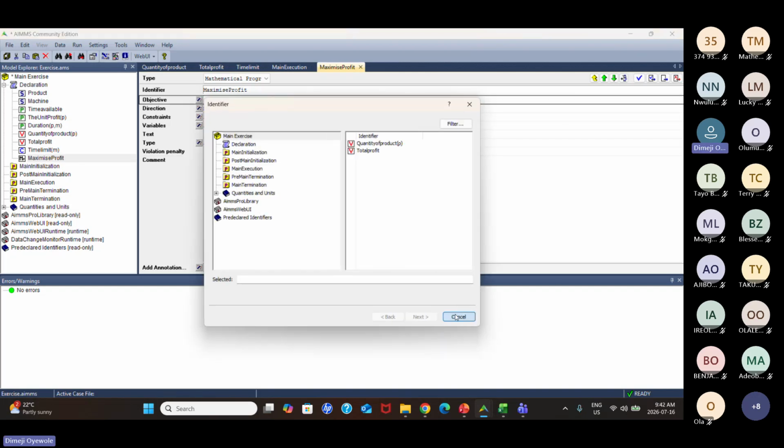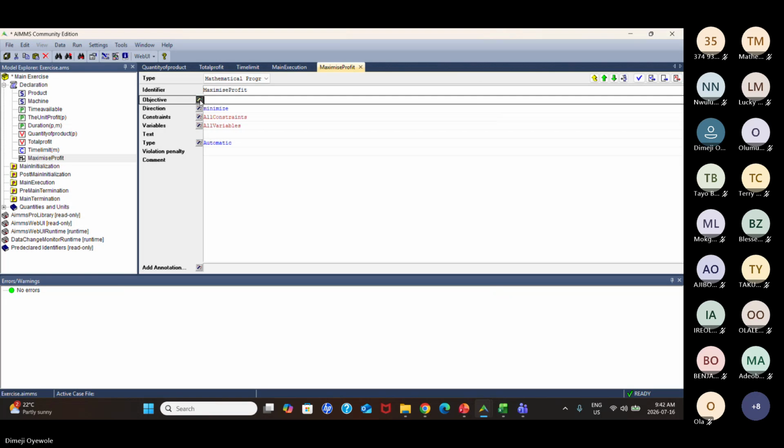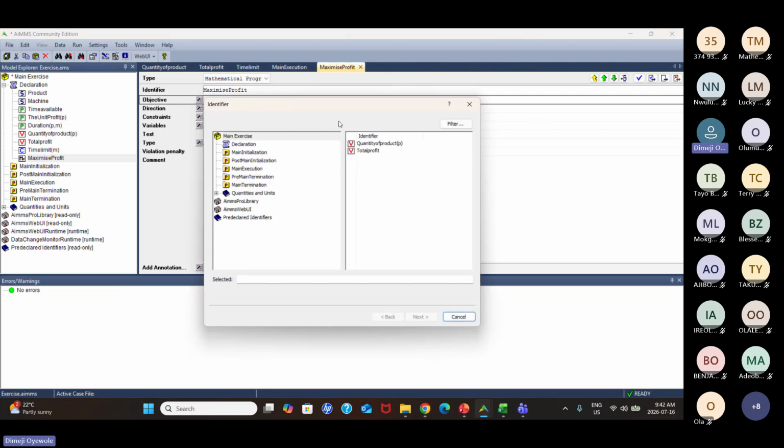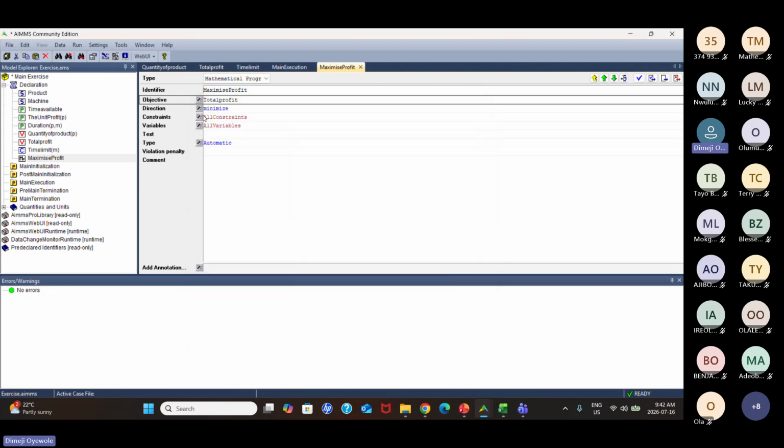So here we choose the variable that we want to optimize. We want to optimize total profits, right? And what direction are we going? Do we want to minimize total profit or do we want to maximize? So we'll do that here. Yes. Then we check and commit.